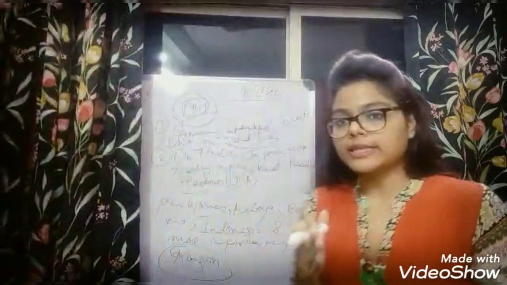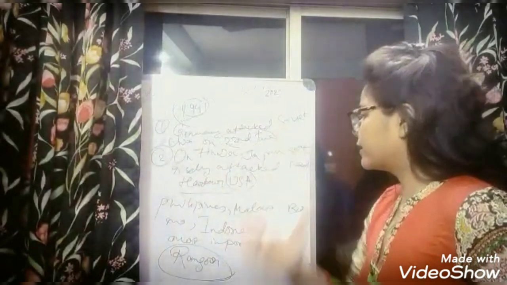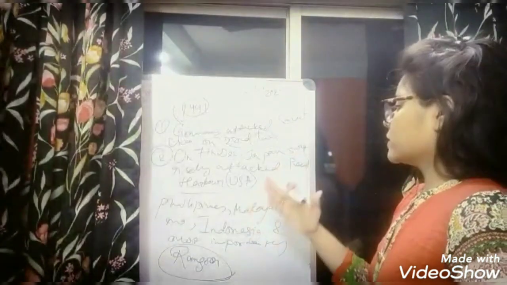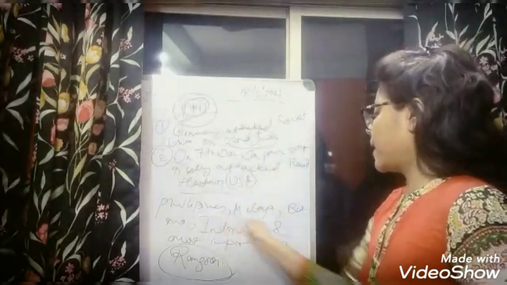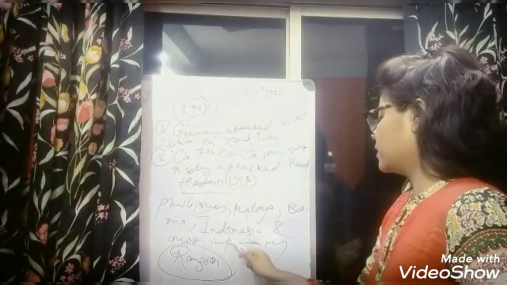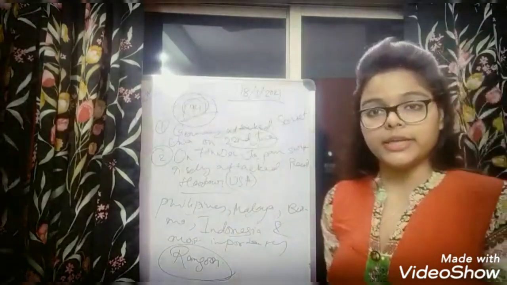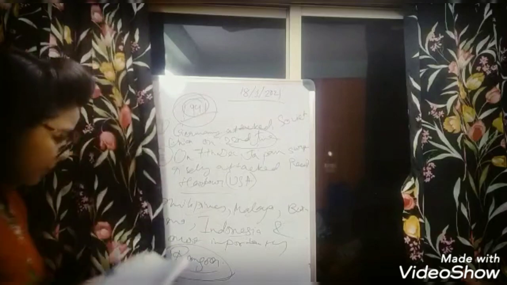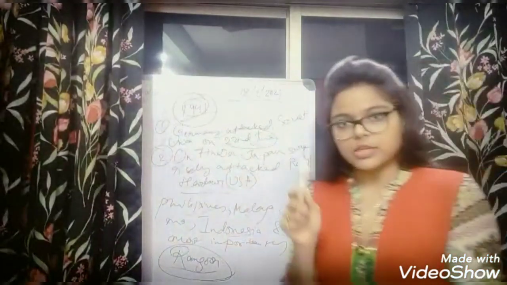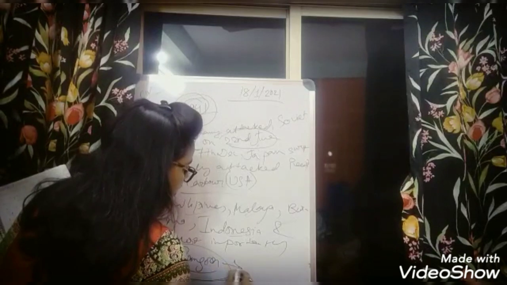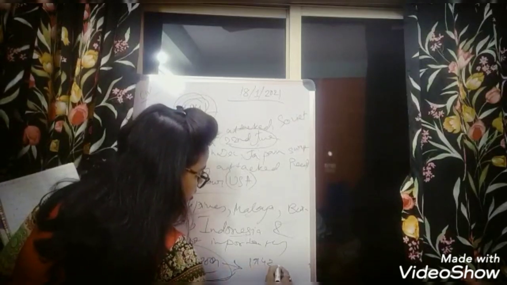So students, you can see how aggressive Japan was becoming. And while it captured Rangoon in March 1942, this brought the war to India's doorstep.